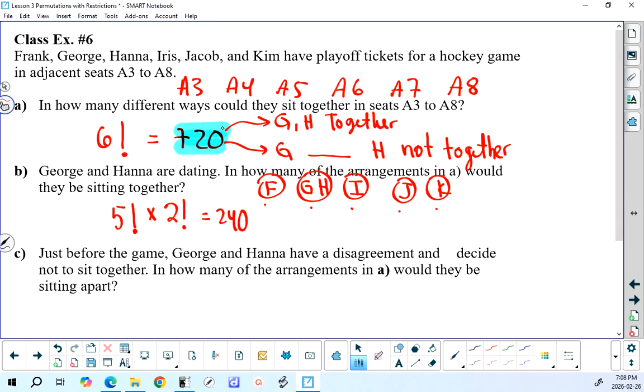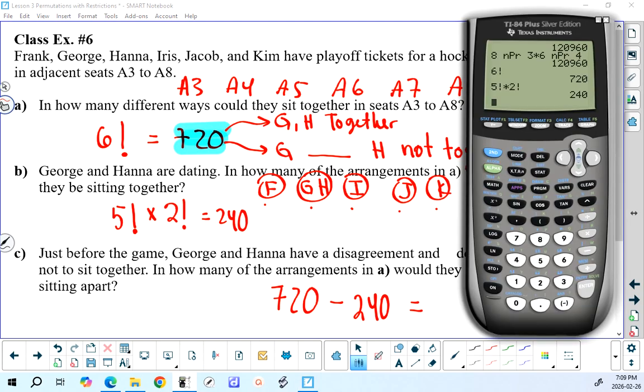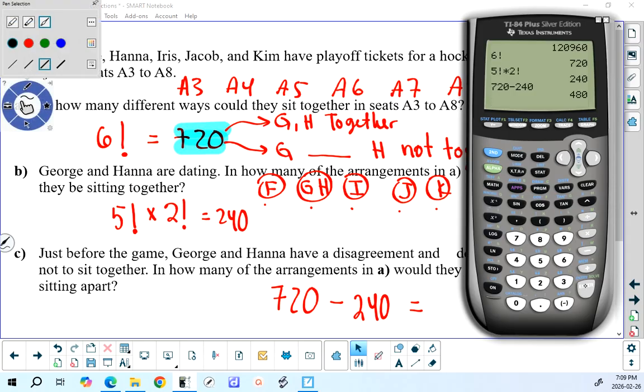There's no other option. And that means if there are 720 arrangements in total that include the ones where they're together, if we subtract the 240 in which they're together, we will get the number in which they are not together. I want to say that's 480. Let's find out. 720 minus 240 is 480. So the answer to C is 480.